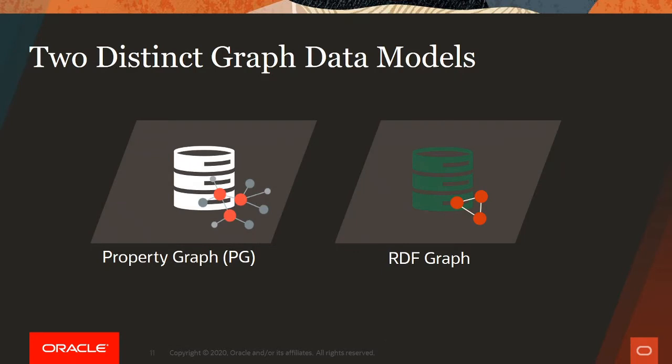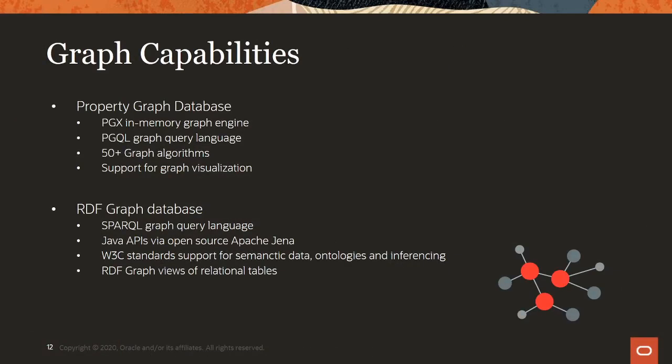If we shift to graph, we support two different ways of using graph: the property graph and the RDF graph. For the property graph, we have the PGX in-memory graph engine and the PGQL graph query language. We provide over 50 graph algorithms which you can try and experiment with.